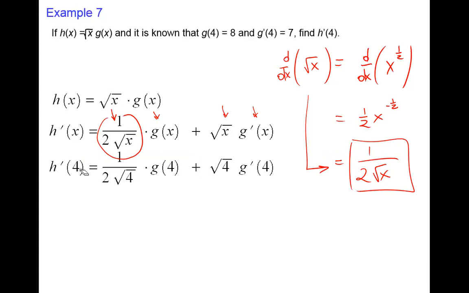Now I have to input 4. H prime at 4. Instead of x, 4. This value is given, and this value is given. Okay, 1/4 times 8 is 2, times 7, I think, do you think it's 16?